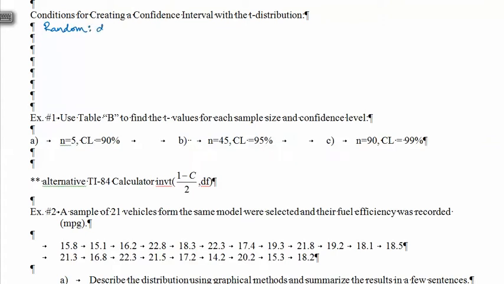Once again, the data comes from an SRS of size n from a population of interest, or from a randomized experiment.